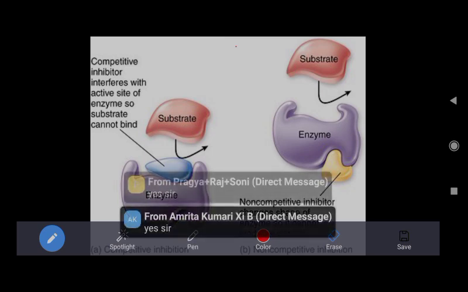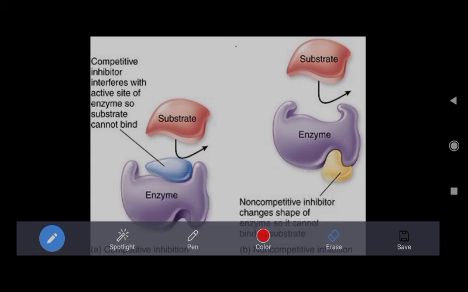Fine. And in the non-competitive inhibitor, the resembling substrate is going to attach by making a change in the enzyme shape.